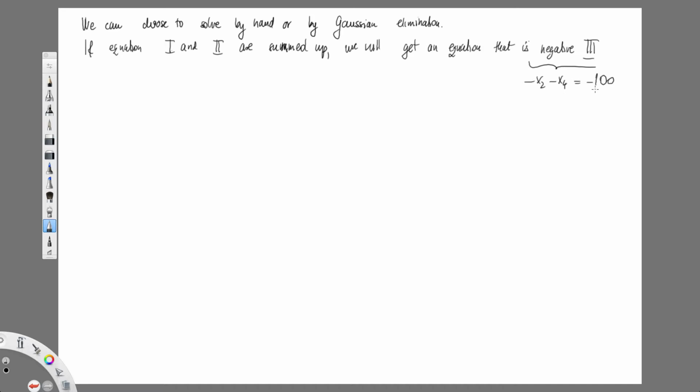So that means that I have two equations for four unknowns, so two parameters can be chosen freely. And then the other two I compute based on the two that I chose.